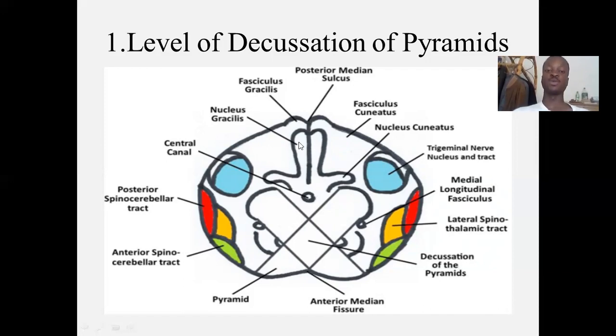Right, and notice on the dorsal aspect, just as I mentioned earlier on, you have the nucleus gracilis, which is this one, and its associated bulge, which is the fasciculus gracilis that was forming that gracilis tubercle, right? Then lateral to this nucleus gracilis, you expect the nucleus cuneatus, which is this one.